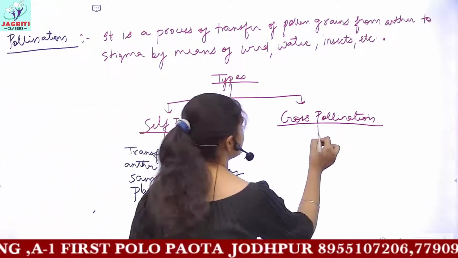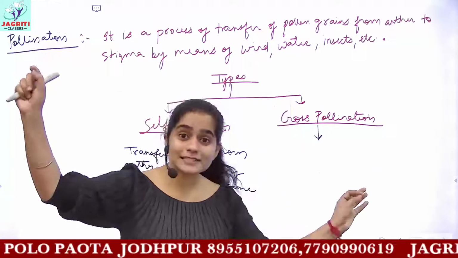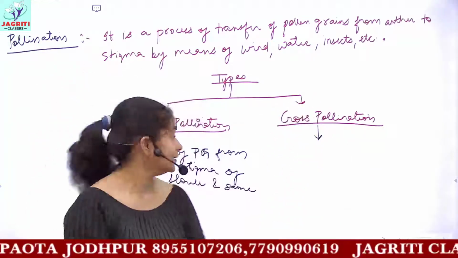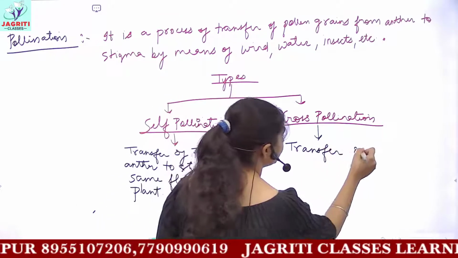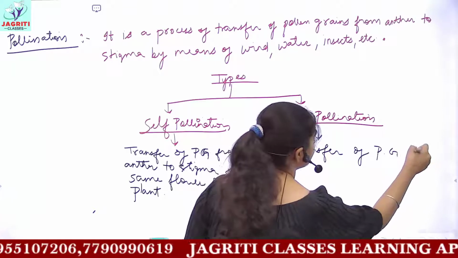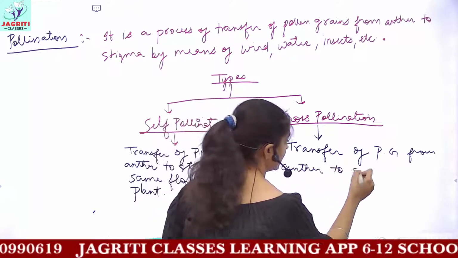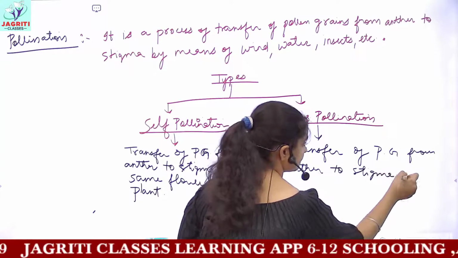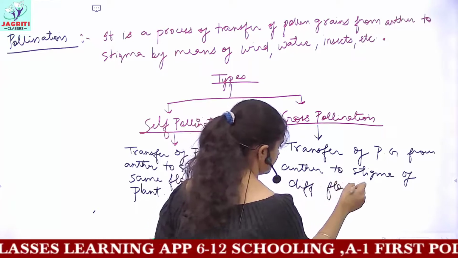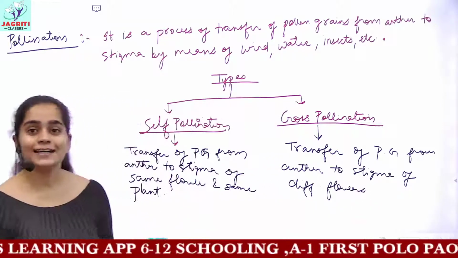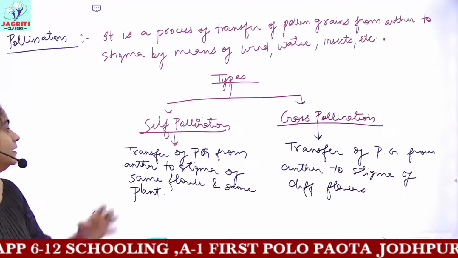Whereas cross-pollination, when the transfer of pollen grains occurs from the anther to the stigma of different flowers. So cross-pollination is the transfer of pollen grain from anther to stigma of different flowers. Okay, so these are the two ways of pollination, that is self-pollination and cross-pollination.